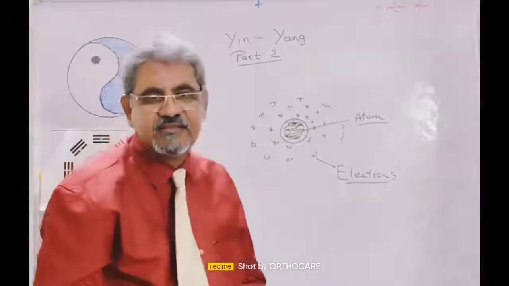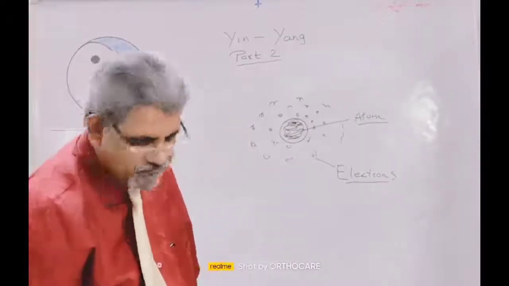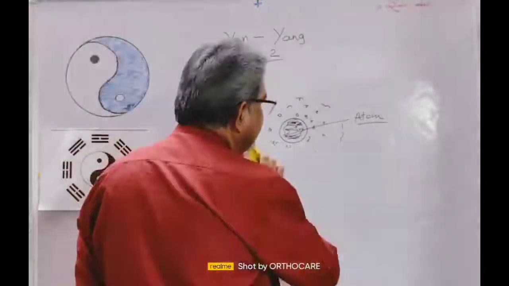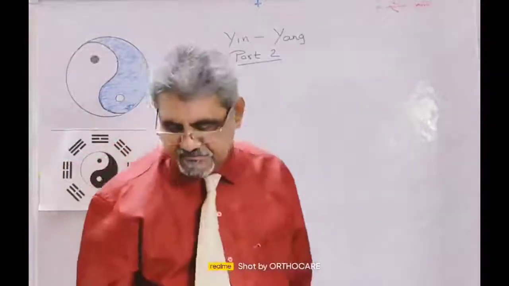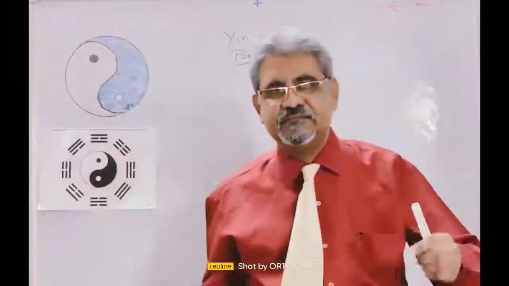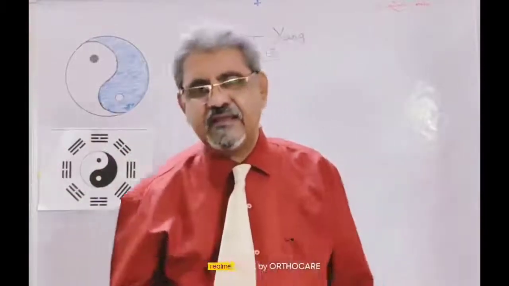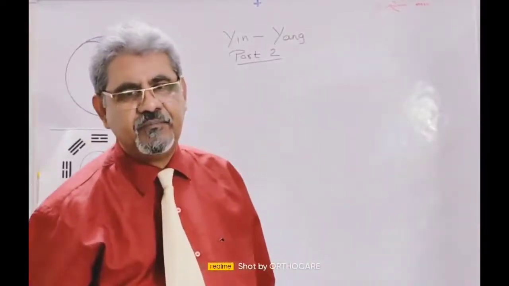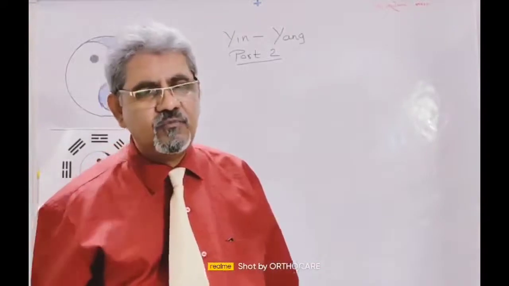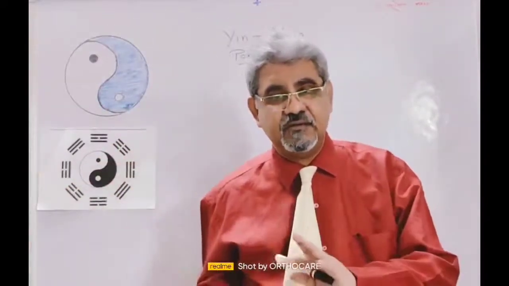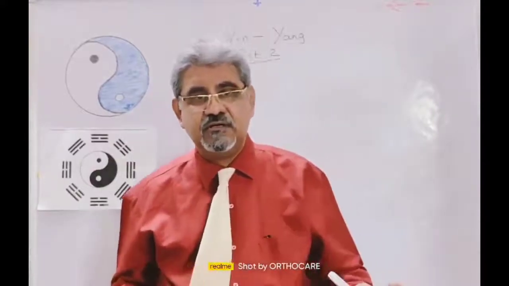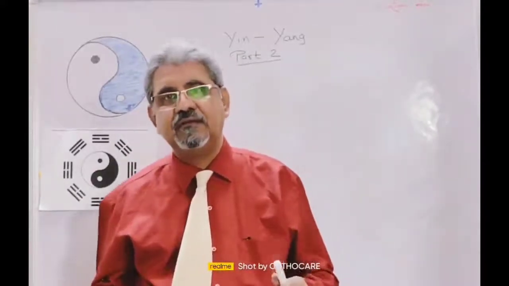So when this negative is charged, then only action can happen. In an easy way, if I explain it to you, no movement is possible without the opposite movement having occurred. Like there is a door.